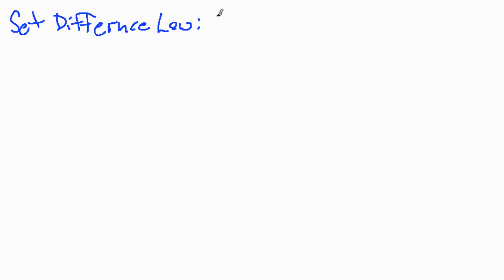We're going to use this one, so it might be useful to discuss. And it just says something like the following, that A minus C is the same thing as saying A intersection C complement.